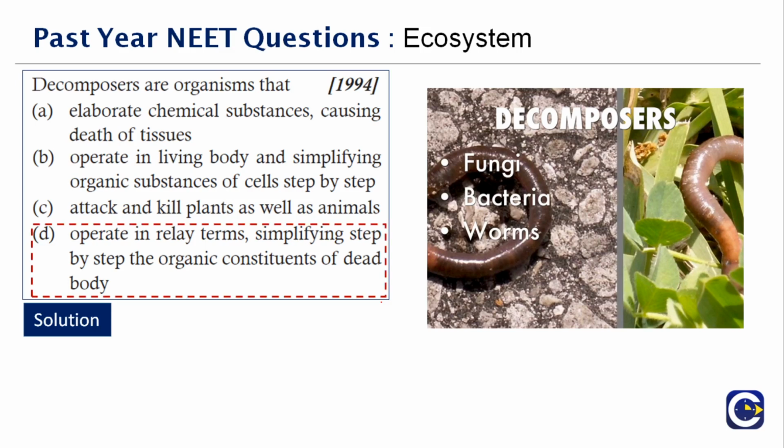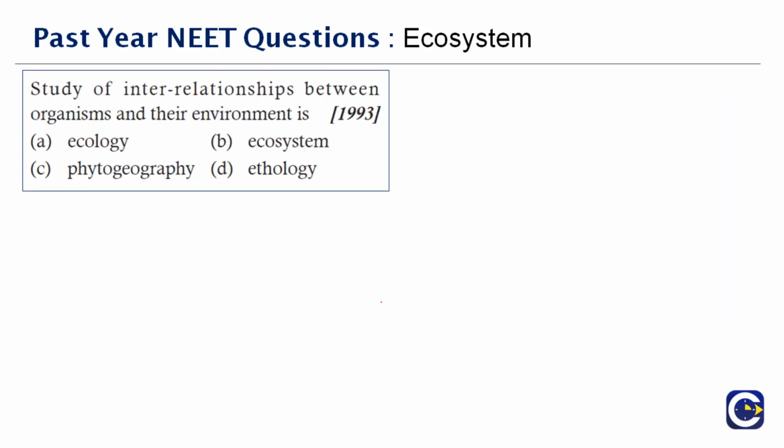Next question here. Study of interrelationships between organisms and the environment is called as dash. Very easy question. Whenever you have a term with logy, phycology, microbiology, all these tell you that they study something. When we talk about the interrelationship, the study is called ecology.